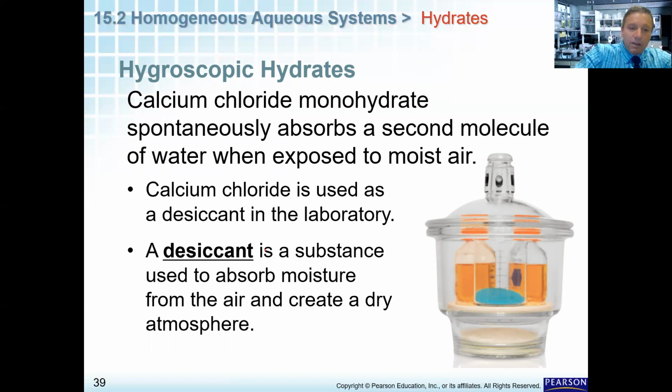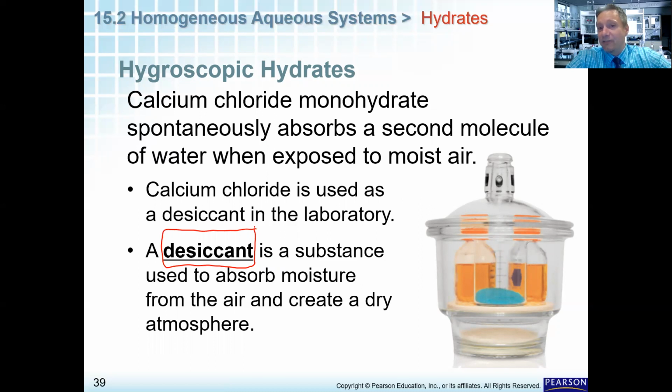So it's called a desiccant. Another term, please get it into your notes. A desiccant is a substance used to absorb moisture from the air and create a drier atmosphere. A desiccant is like Damp-Rid that you find in the store.